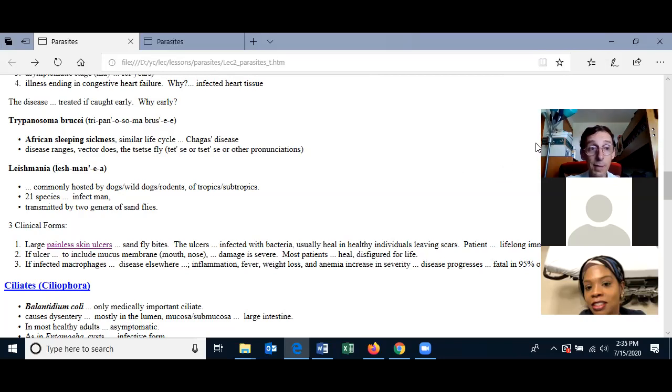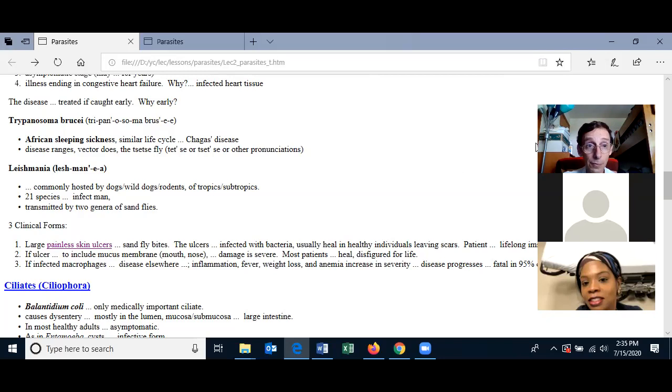So all I want to say about Trypanosoma brucei is that it has a similar life cycle to Chagas disease.